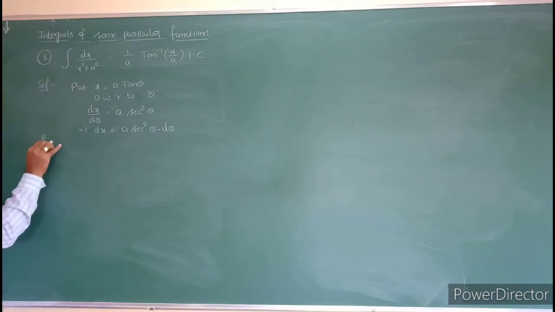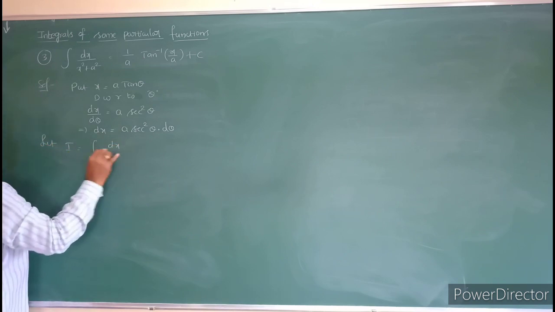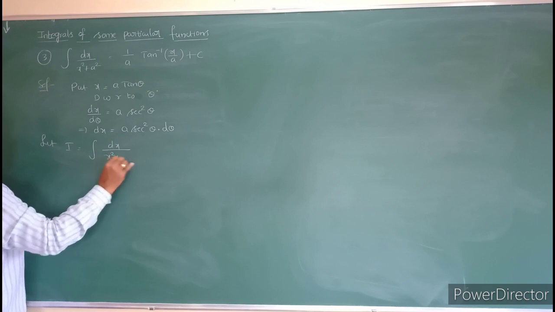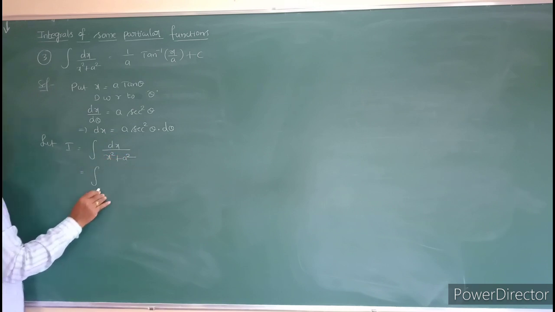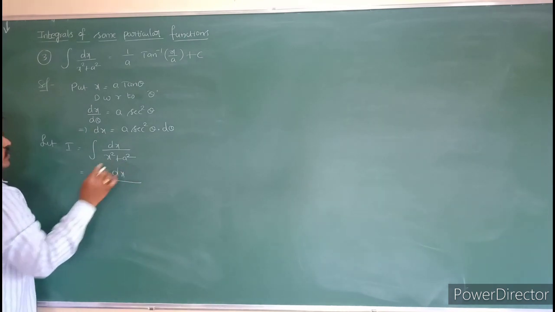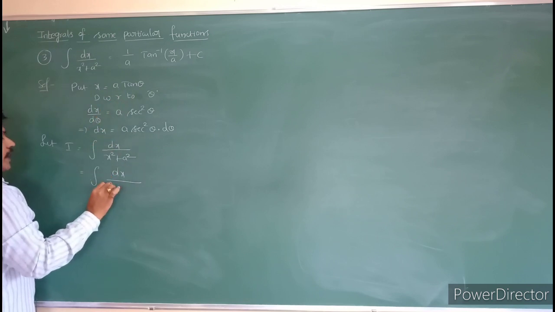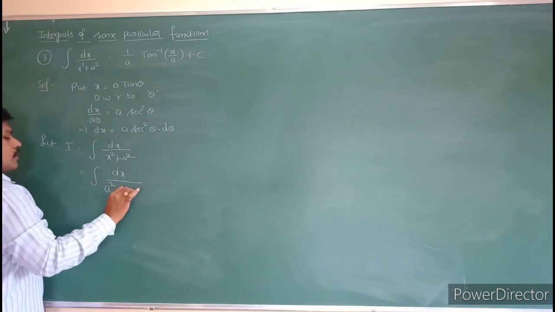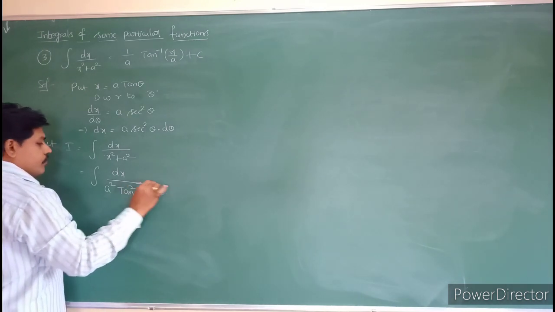To take the problem, let I be equal to the integral of dx by x square plus a square. So that is the integral of dx by x square. The x value is a tan theta, so the x square value is a square tan square theta plus a square.